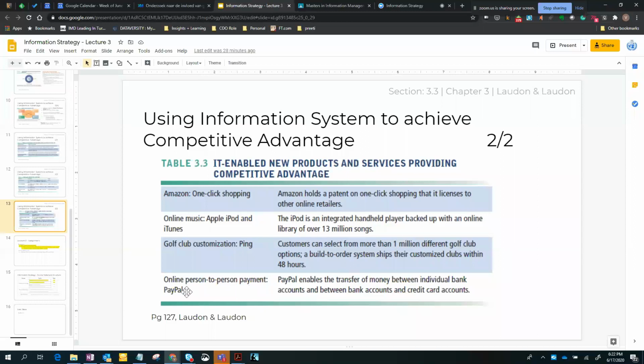PayPal was the first company to introduce this person-to-person payment, where you could transfer money, let's say between bank accounts or between credit card accounts, without actually having to go to a bank, and just do it with the PayPal account. And so PayPal is one of the biggest companies now, and it disrupted the way people pay.